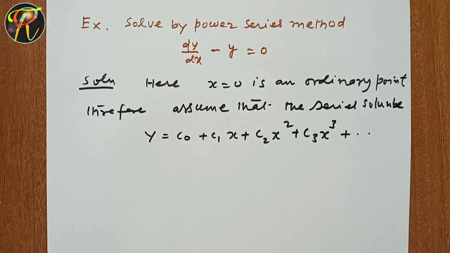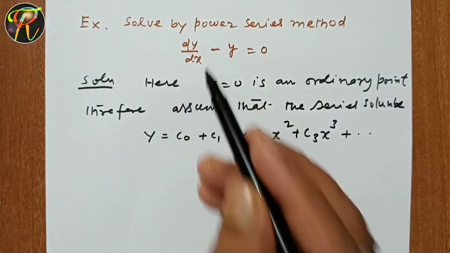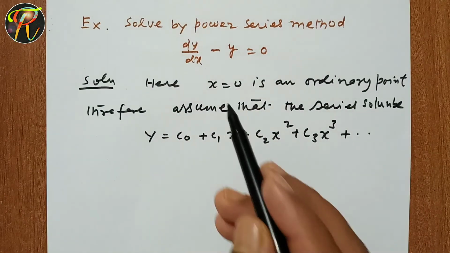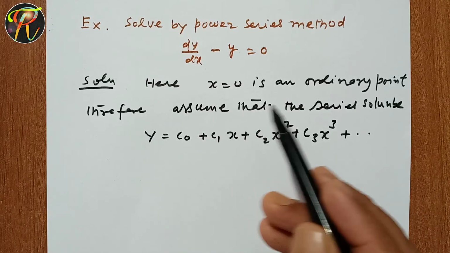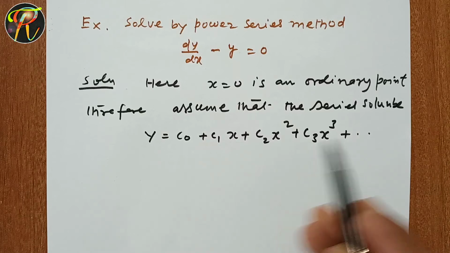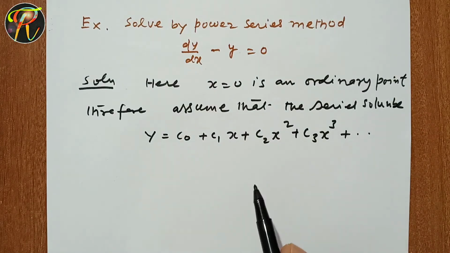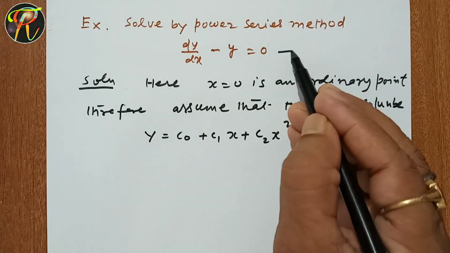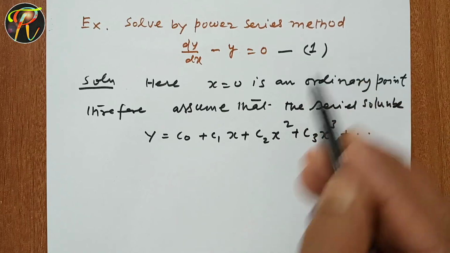So first we see the given differential equation and whether x is equal to 0 is an ordinary point or not, and then we put the solution of this form. Suppose this is given equation number 1.